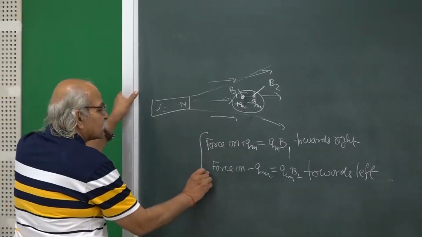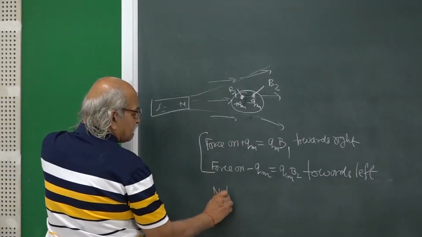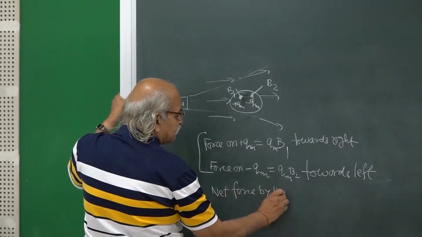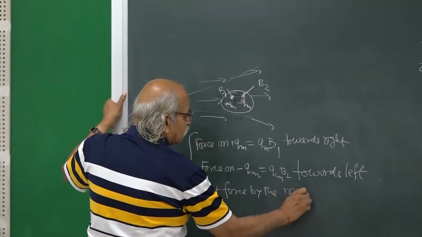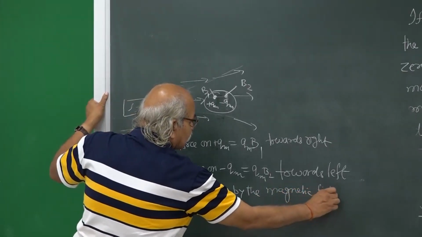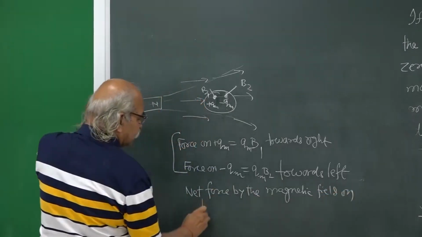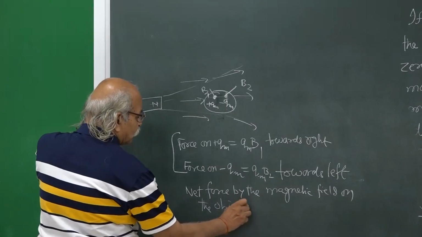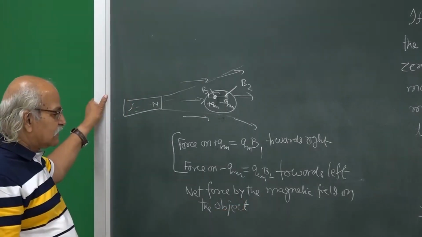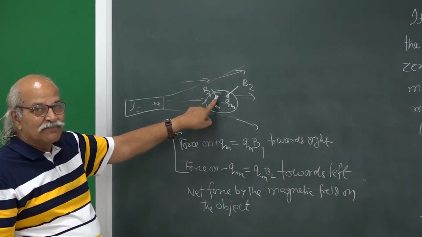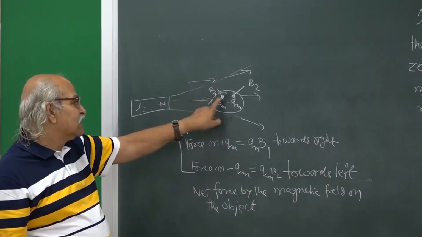What is the net force by the magnetic field on the object? What will be the direction? I am interested in direction essentially. This is closer to the magnet, so this B1 is larger.